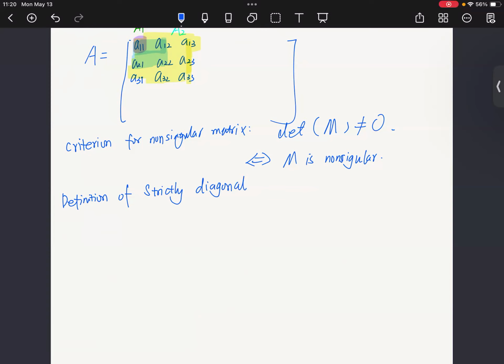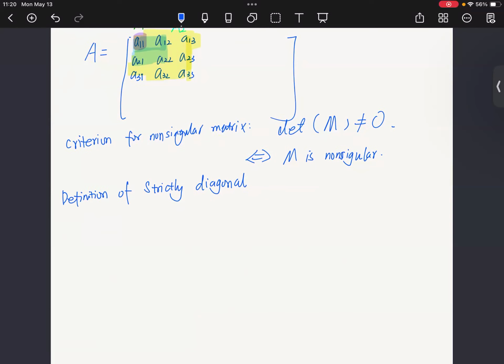For this version of the theorem, you need to calculate the determinant of the matrix, which is quite computationally expensive. But sometimes the matrix has a very good pattern, and then it is called a strictly diagonally dominant matrix. And this is the definition of it.